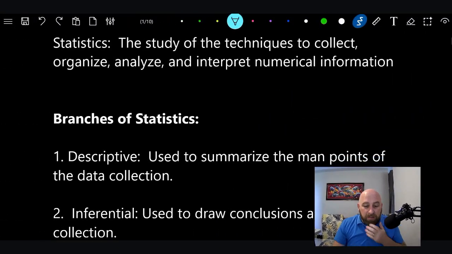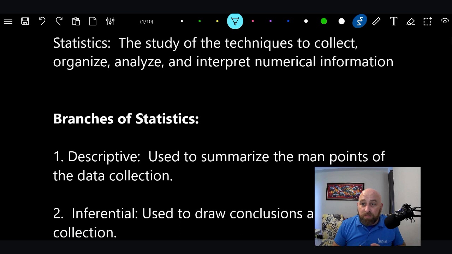The study of techniques to collect, organize, analyze, and interpret numerical information. In other words, you have information that comes to you in the way of numbers. This could be anything: sales for a company, temperature, height, batting average for a baseball team, whatever.